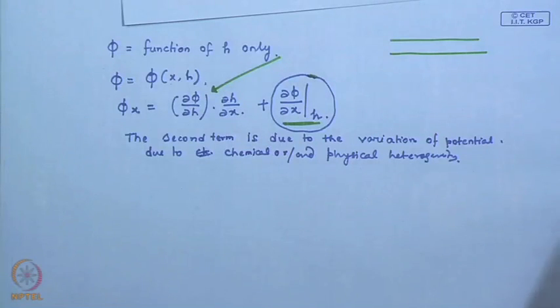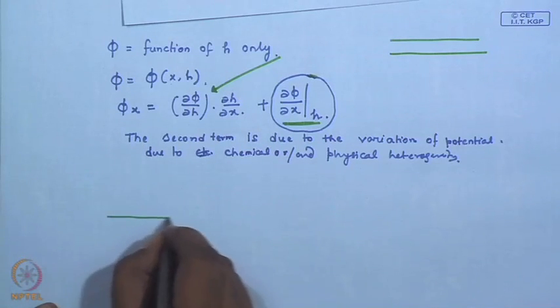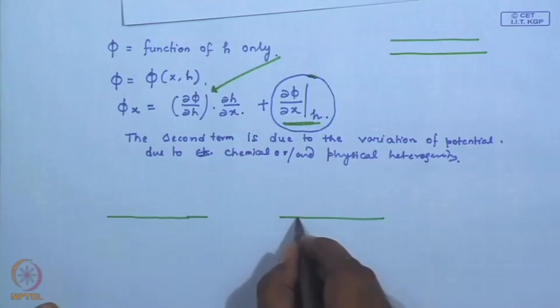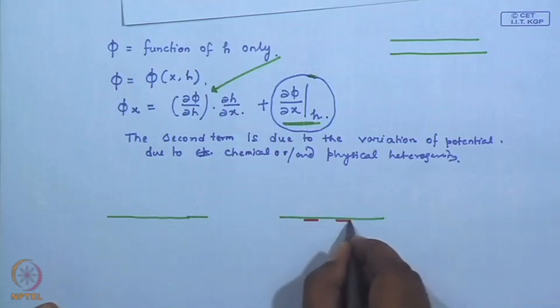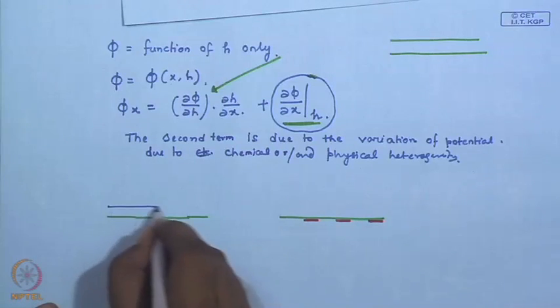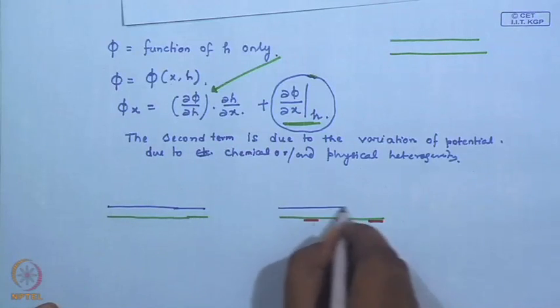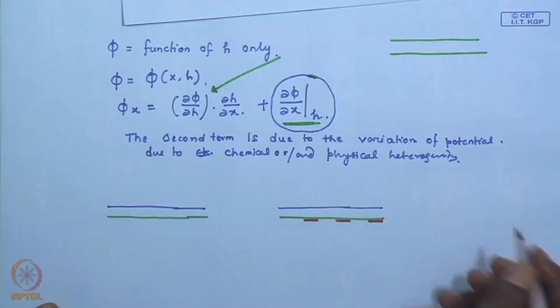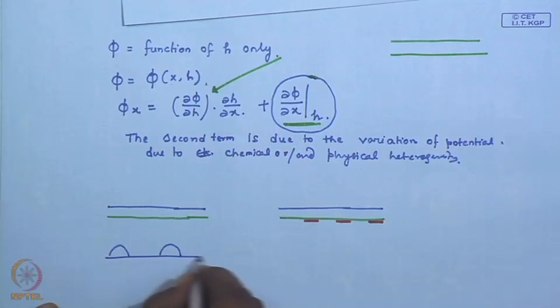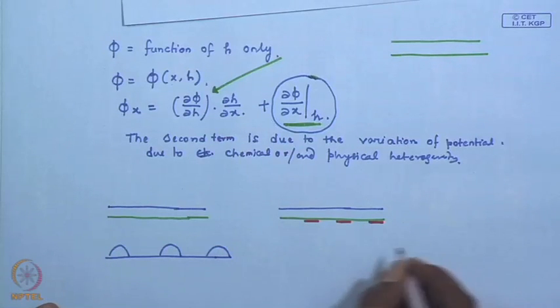In simple terms, suppose you have a flat surface vis-a-vis a chemically patterned surface, and you have a film over here and a film over here, same thickness, let us say. Here the evolution or the dynamics is completely random.